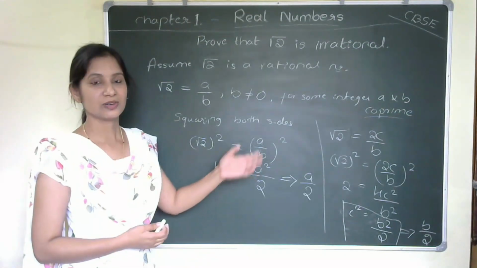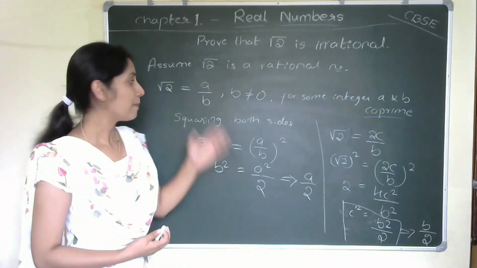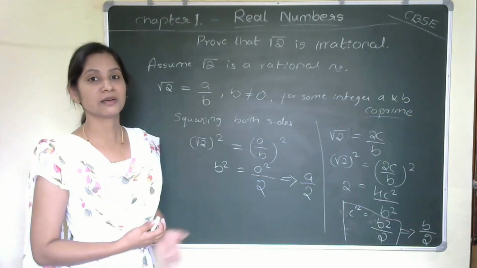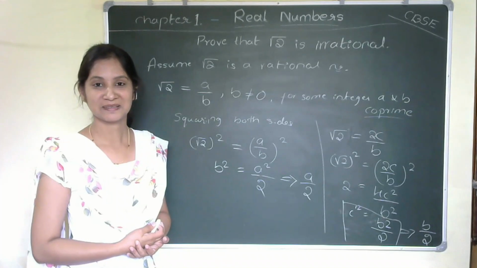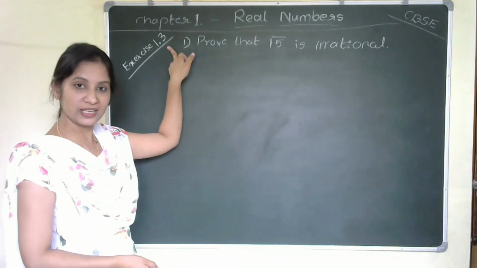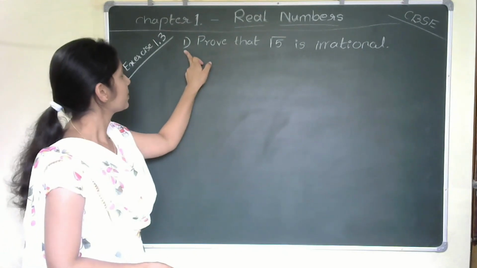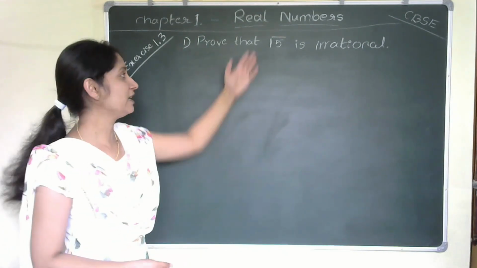So like this we can prove that a given number is irrational by assuming the given number is a rational number. I hope you have understood the method. In your textbook, exercise 1.3, the first question is: prove that root 5 is irrational. They have changed the number.